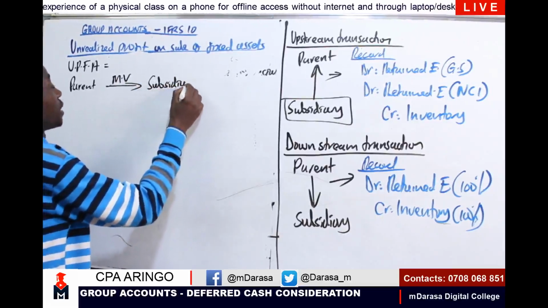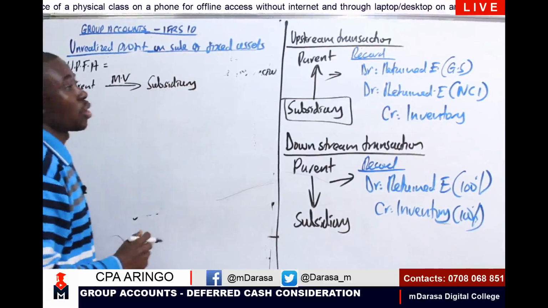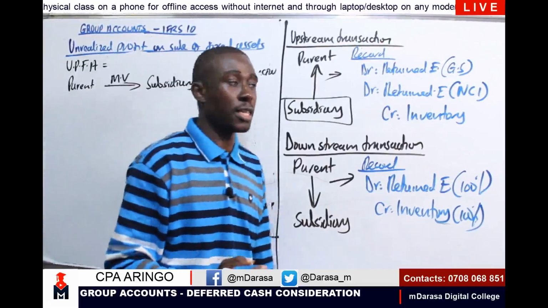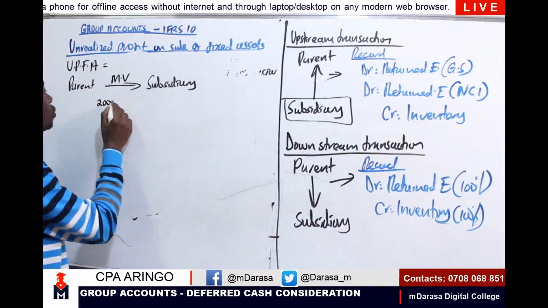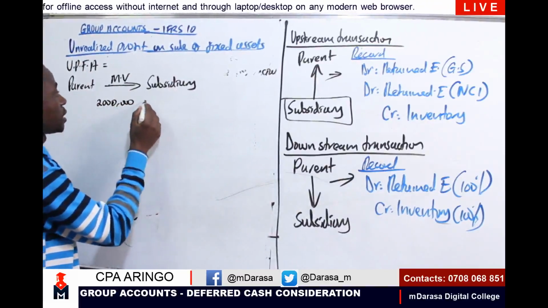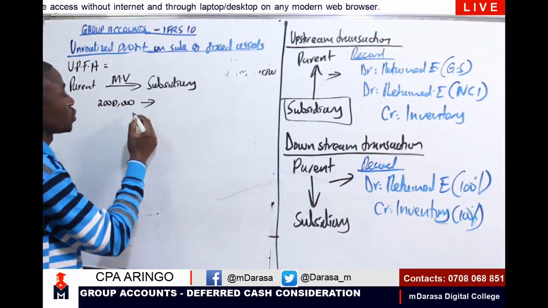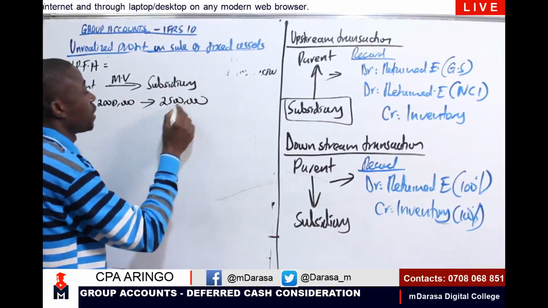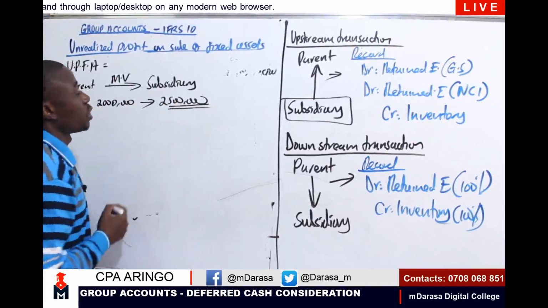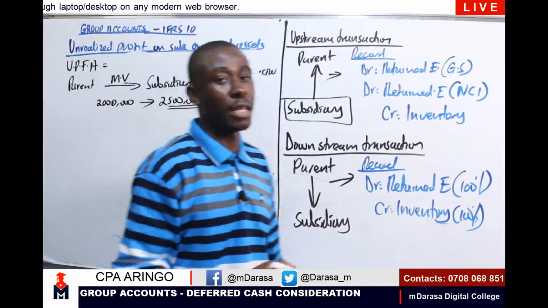The parent recognizes a component of profit. If the cost of this motor vehicle was 2 million, and the parent sold it to the subsidiary at 2.5, then I've recognized a component of profit of 500,000, right?